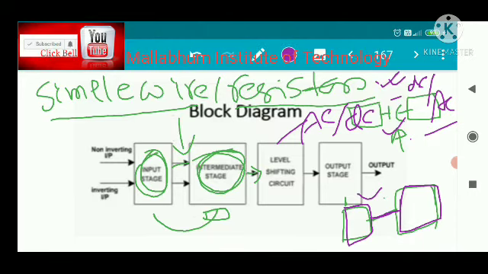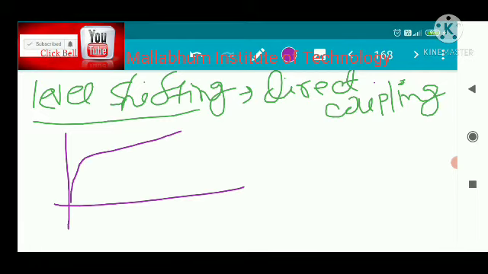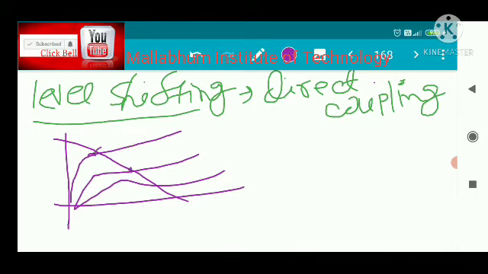Now what is the meaning of this? In the transistor context, you know that there are output characteristics, something like this, and there is an associated Q point, and this Q point must lie in the active region.